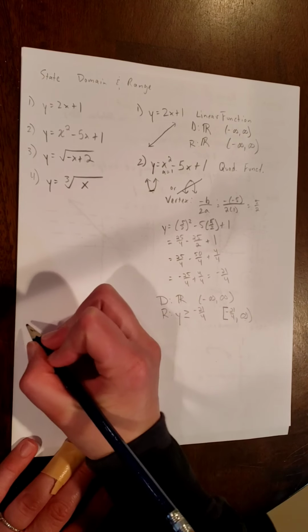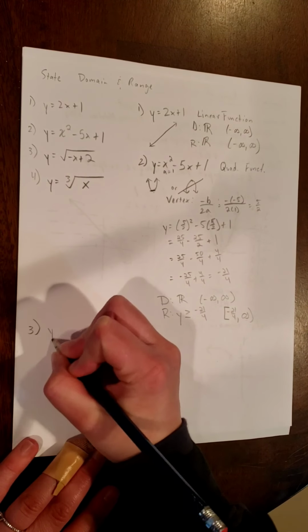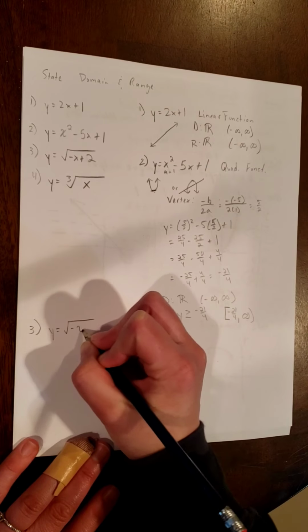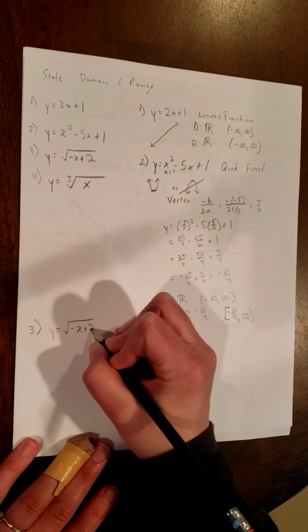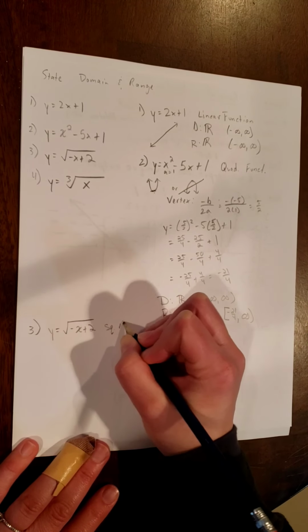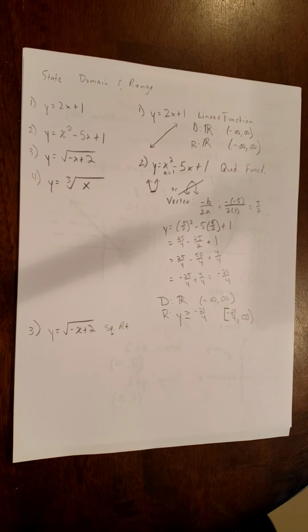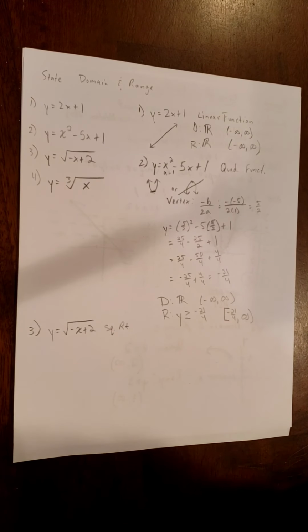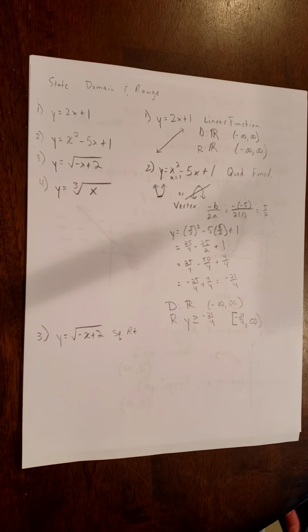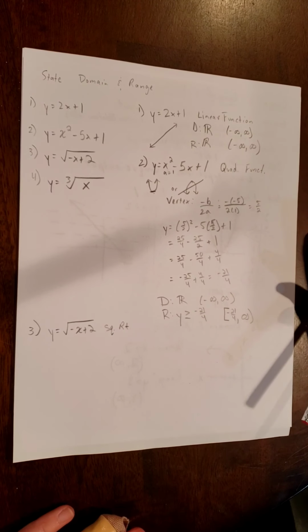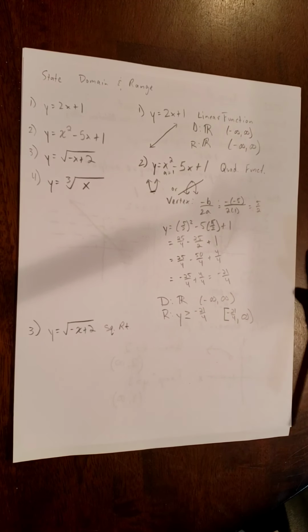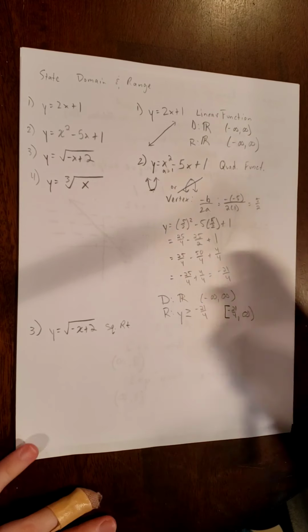Number three is y equals the square root of negative x plus 2. This is a square root function. Square root functions have restricted domains because there are some real numbers that if we plug them in are going to make outputs that are not real, and that is because we cannot take the square root of a negative number.